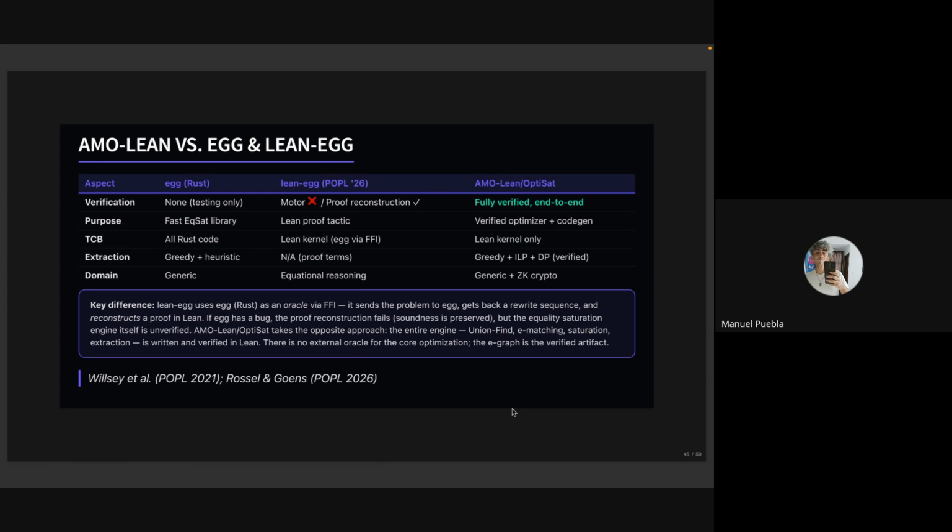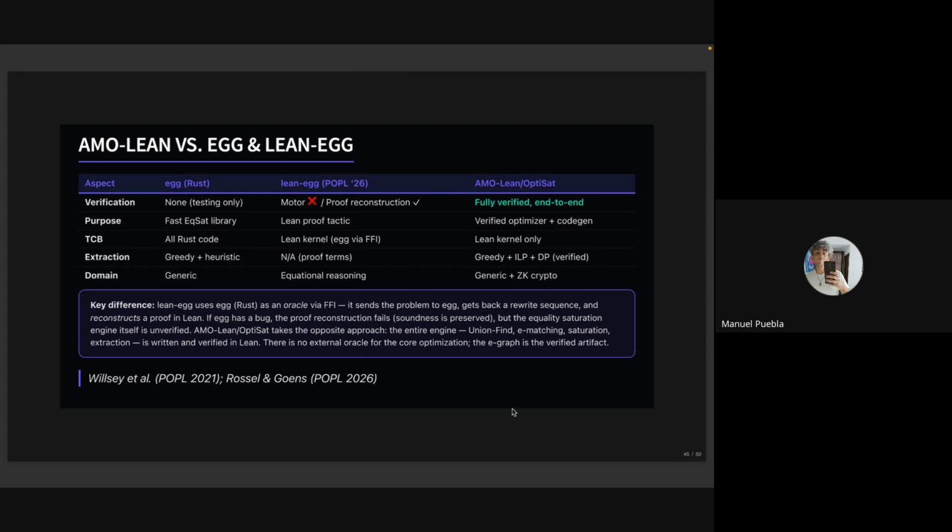There's another effort called Lean Egg. It has been around a couple of years now, and the author, Russell, has been very active in that field. The main difference with AMO-Lean is in the way it verifies things: the actual saturation motor is outside Lean, and in our case, this is fully within Lean, okay?